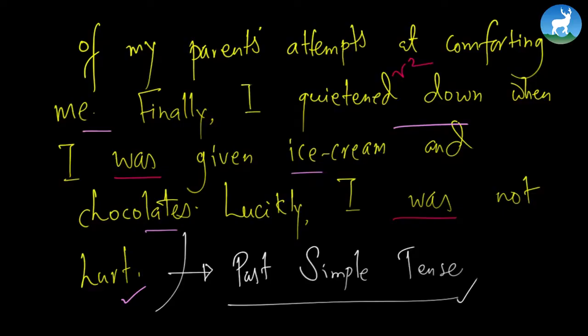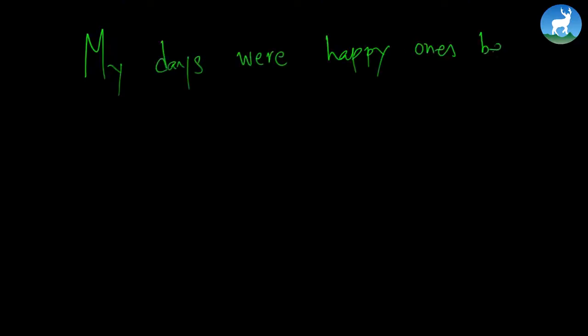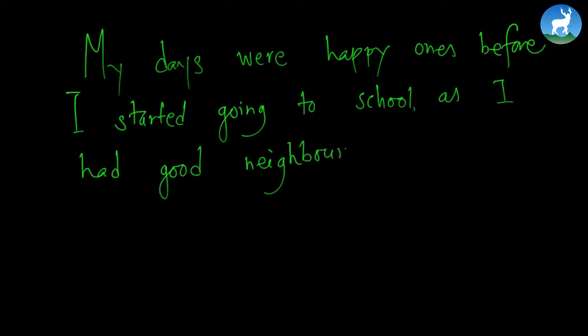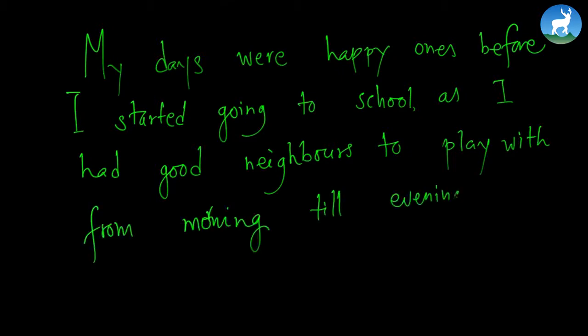There's no other technique, so when you're writing about the past, needless to say, you're going to use the past tense. Let me just continue writing, adding things to this paragraph. I'll change the paragraph and start from: My days were happy ones before I started going to school, as I had good neighbors to play with from morning till evening.